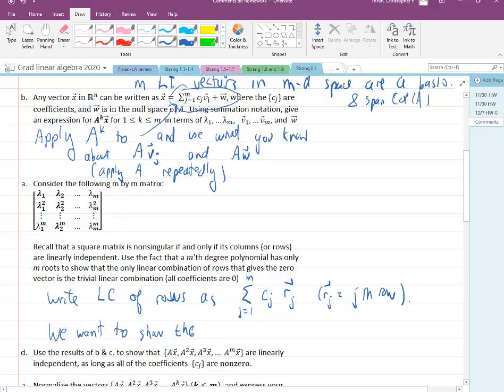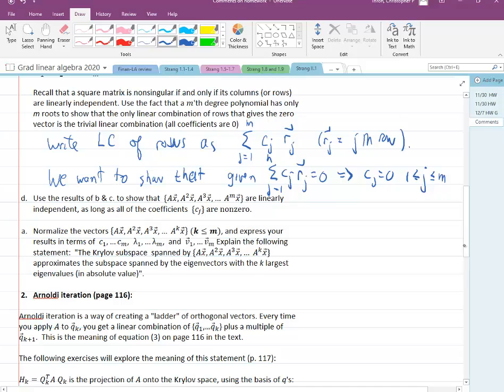So we want to show that given the summation over j of cj rj equals 0 implies that cj equals 0 for j between 1 and m. That's what we want to show.